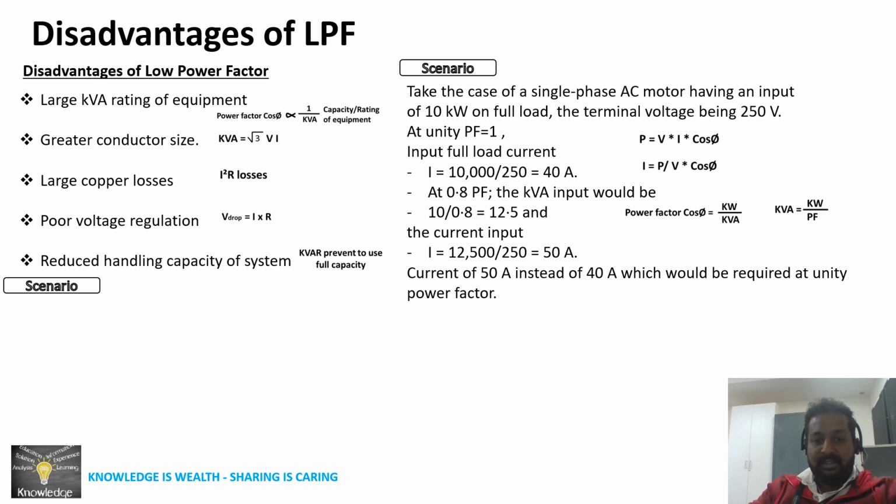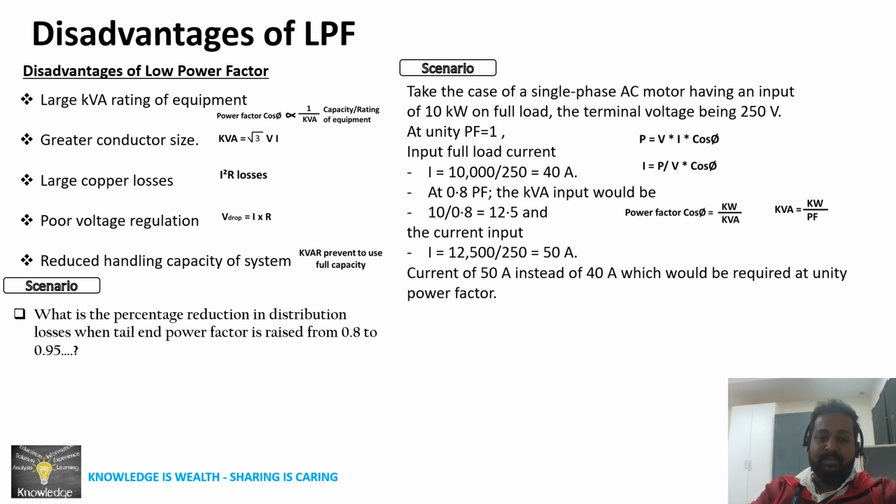Okay, so let's see what improvement we will get in transmission losses if you improve the power factor from 0.8 to 0.95. If you improve the power factor, then obviously the capacity will come down, because KVA is inversely proportional to power factor.